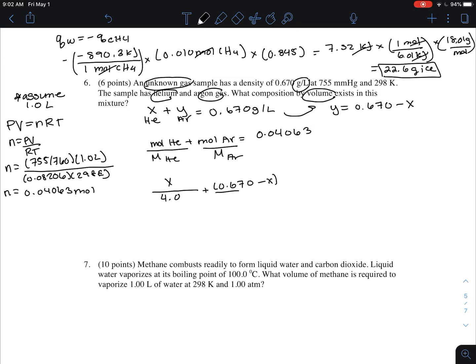So then I can plug in my X over my molar mass of helium plus my 0.670 for my Y minus X over the molar mass of argon, equal to the total moles.